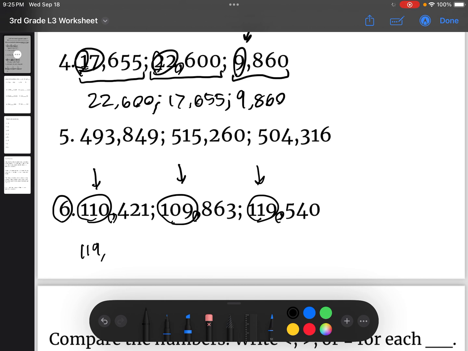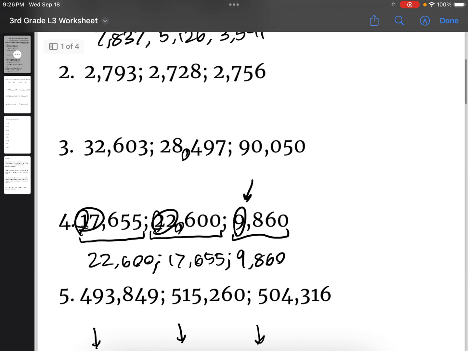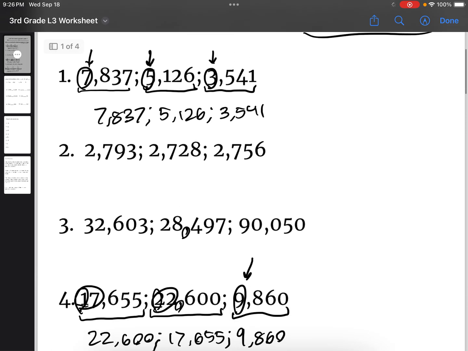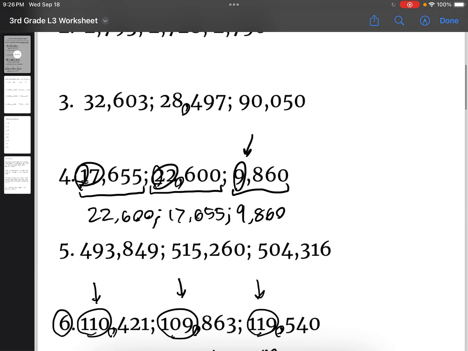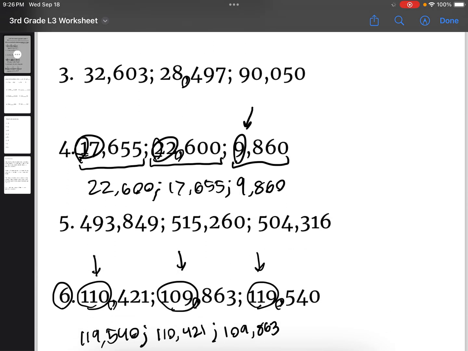The greatest one is 119,540. The next greatest one is 110,421. And then the least is 109,863. So, quick review of this page: make sure to look at the number before the comma, choose the greatest one, and go down from there.